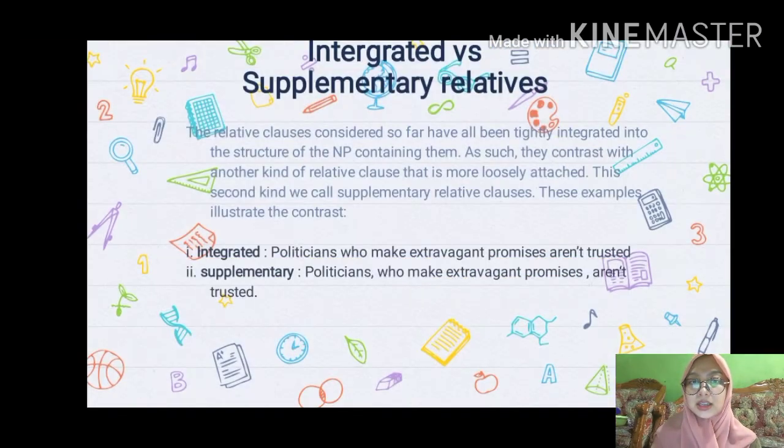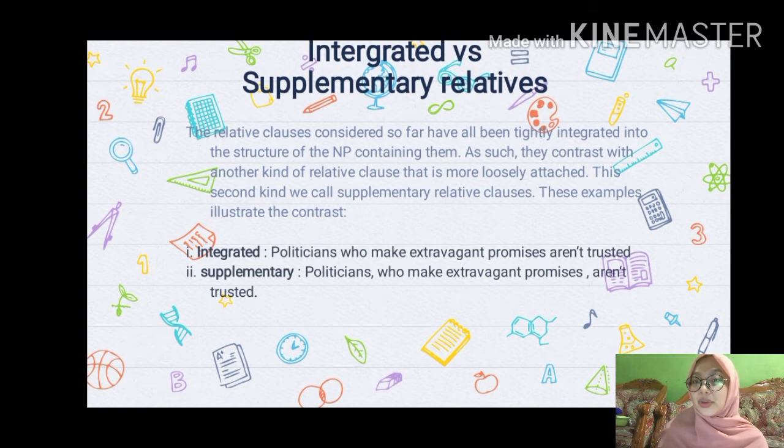And next is integrated versus supplementary relatives. The relative clauses considered so far have all been tightly integrated into the structure of the noun phrase containing them. As such, they contrast with another kind of relative clause that is more loosely attached.